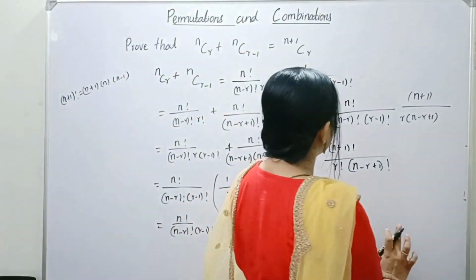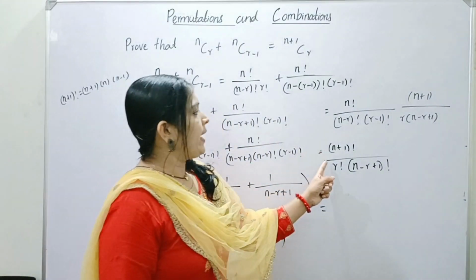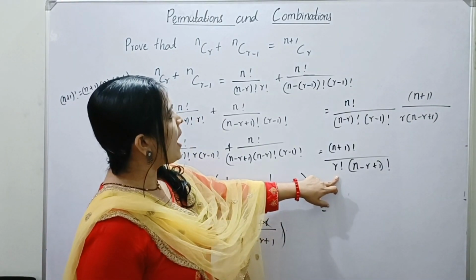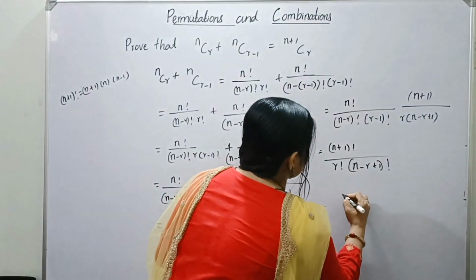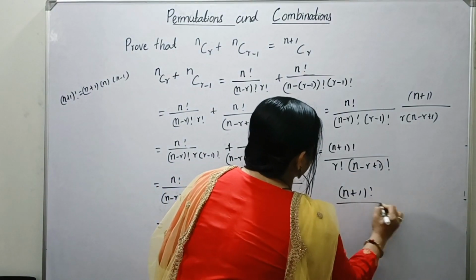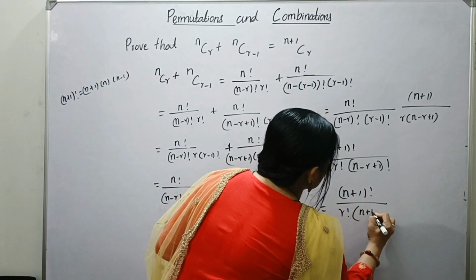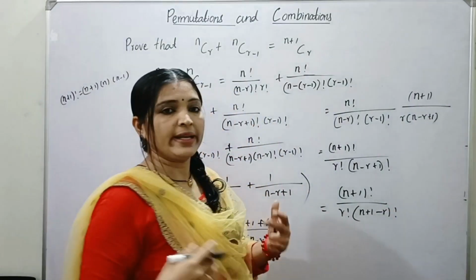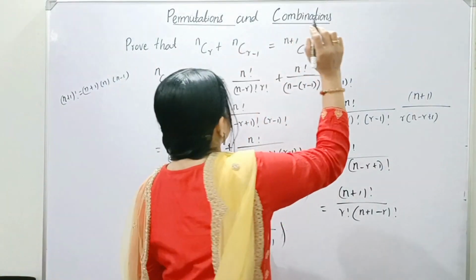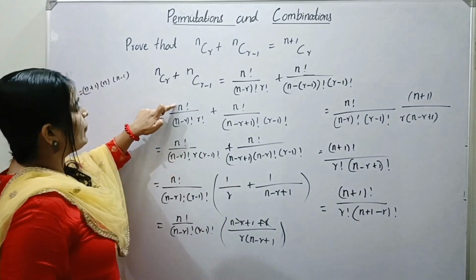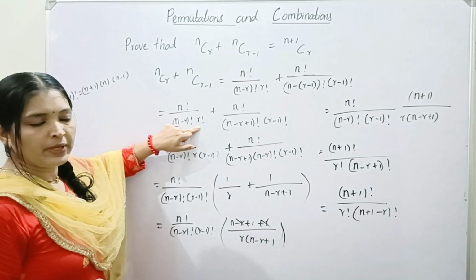Now see, we have got a combination formula: n plus 1 factorial divided by r factorial into n minus r plus 1 factorial. We have to prove this, so we can rewrite it as n plus 1 factorial divided by r factorial into n plus 1 minus r factorial. What is nCr? nCr is n factorial divided by n minus r factorial into r factorial.